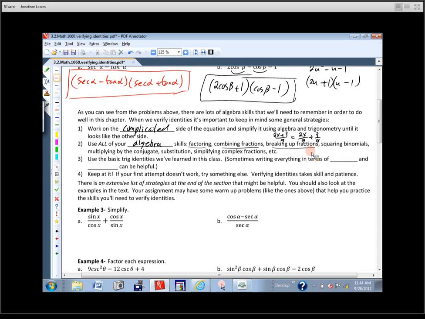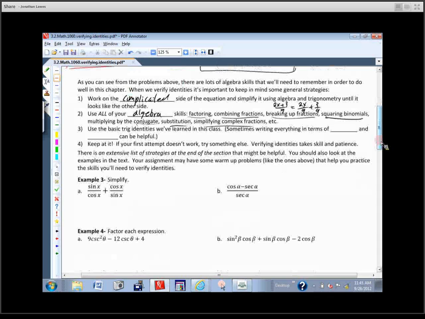So breaking fractions up in that type of method. Squaring binomials like we did up above. Multiplying conjugates or difference of squares. Substitution, simplifying complex fractions, whole bunch of stuff. So all that algebra that you started learning 5-6 years ago is really going to come in handy if you have solid skills there.